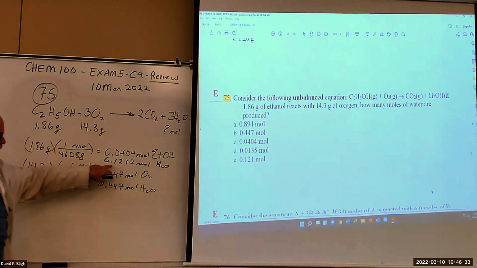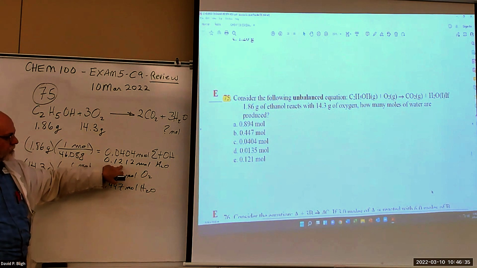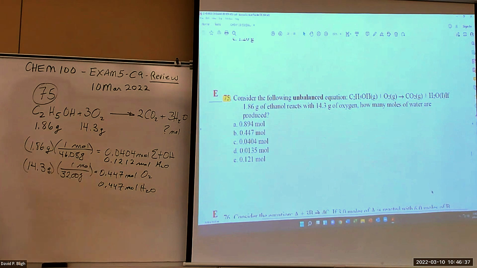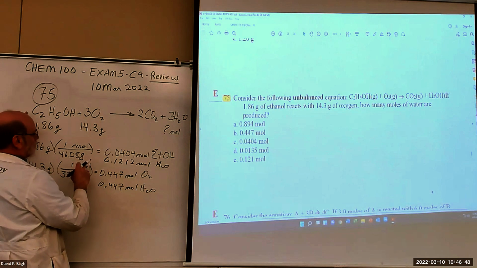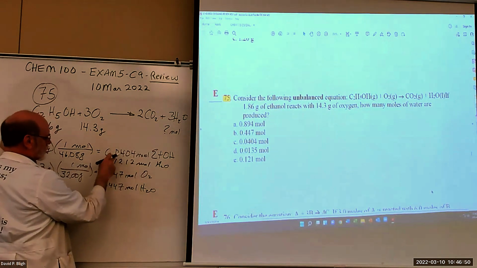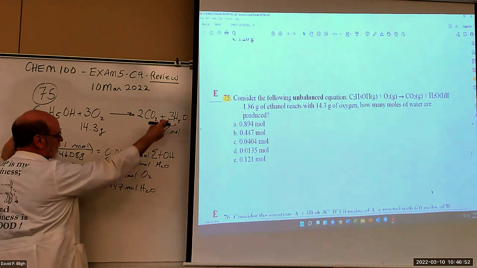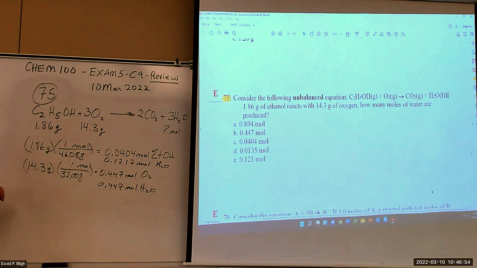Yeah, so this is the limiting one, and that's the answer. Did I lose anybody? I kind of, rather than write it on the board, that's sort of just logic. Ratio is 1 to 3. So if you got 1 of these, 3 of those would be water. Okay?